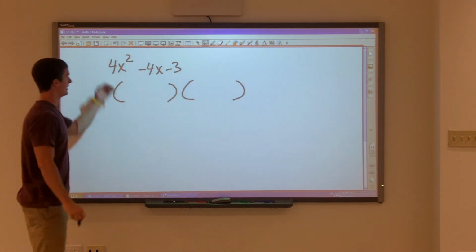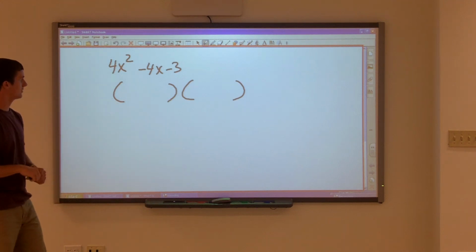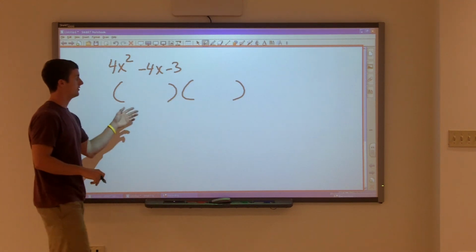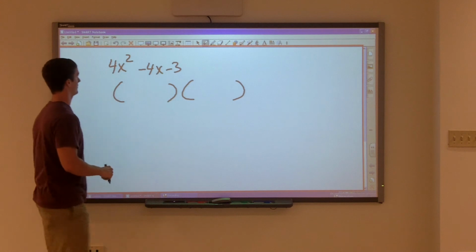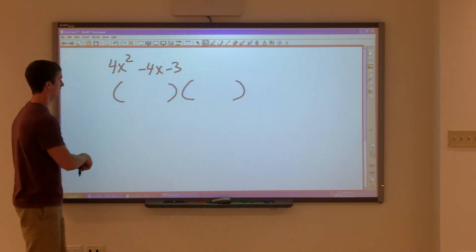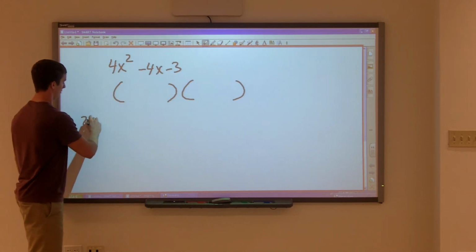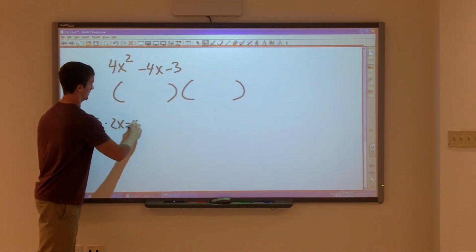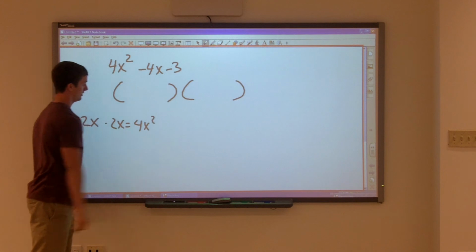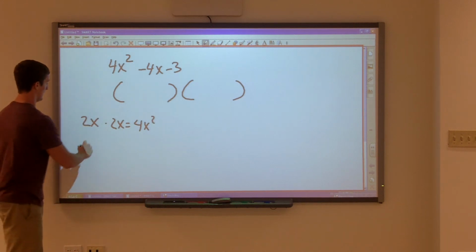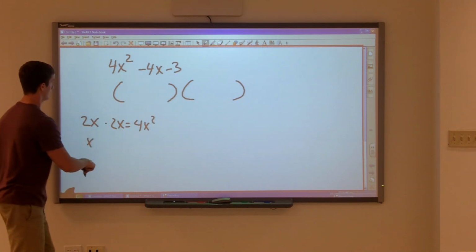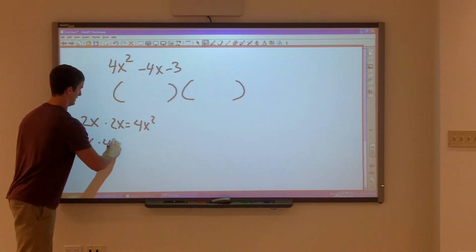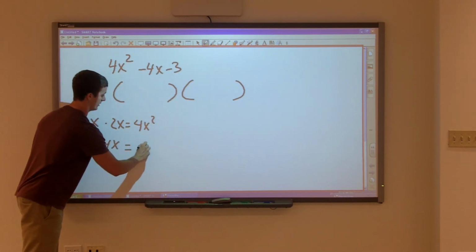Now, instead of having simply an x squared, we have 4x squared. So for our first two numbers, we can factor this 4x squared to see what we can get for that. We can either have 2x multiplied by 2x to get 4x squared, or we could have an x times 4x, and we can still get 4x squared.